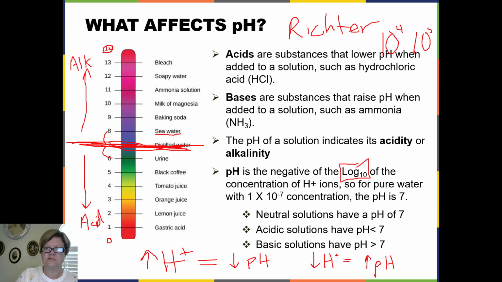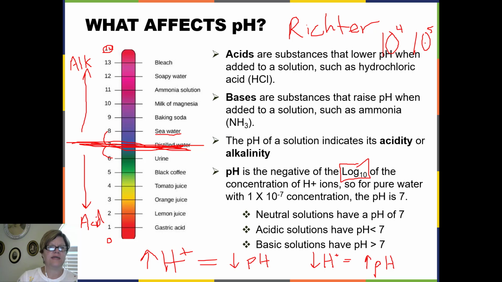Those are actually related to the exponents of 10. So what's the difference between 10 to the 4th and 10 to the 5th? Not 1, but 10 to the 1. If you remember how you do your exponents, it's a tenfold difference. So the earthquake that's a 5 is 10 times more severe or strong than the one that's a 4.